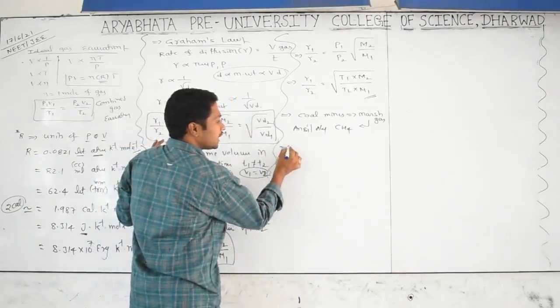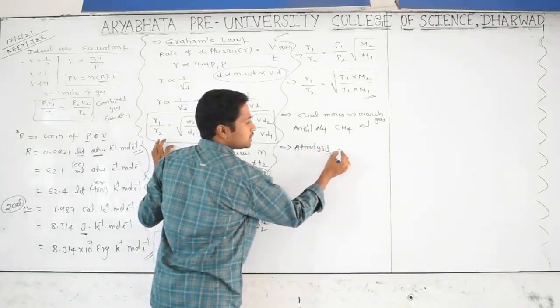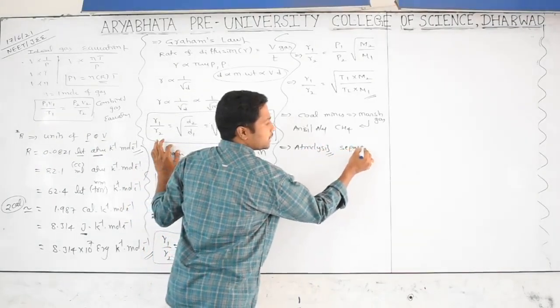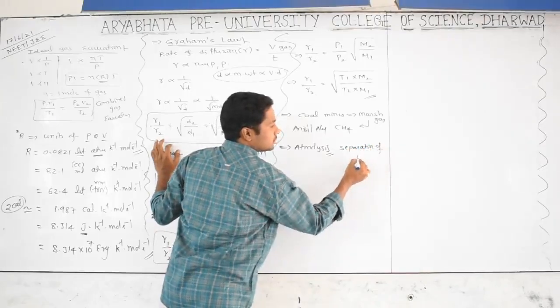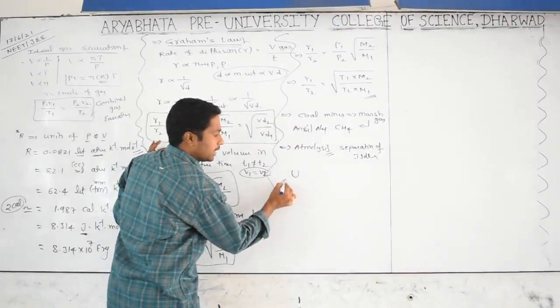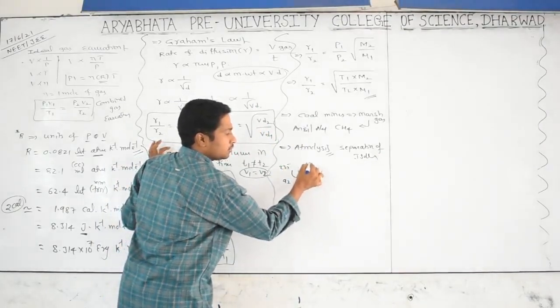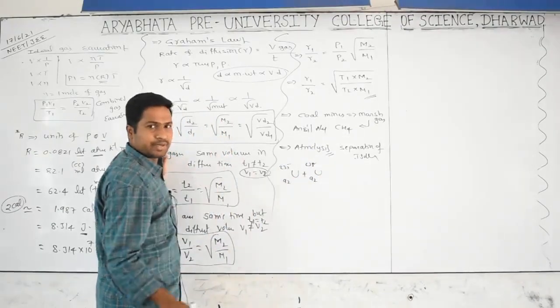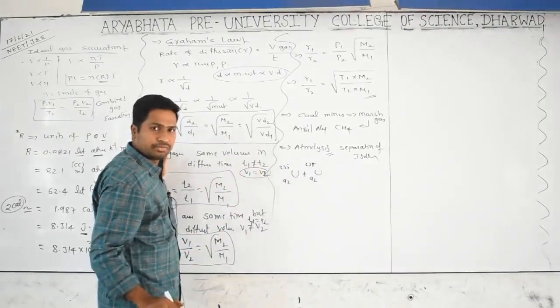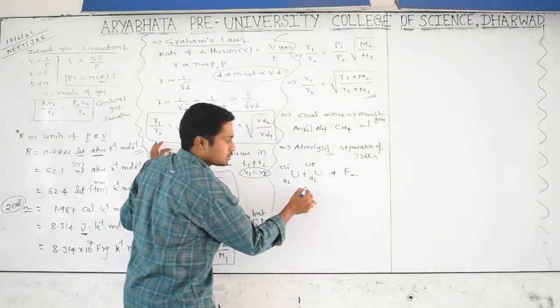It is also used in atmolysis. Atmolysis is nothing but separation of isotopes. For example, uranium-235 and uranium-238. Separation is very difficult but possible according to the rate of diffusion concept. It is treated with fluorine, which is actually a solid, no?